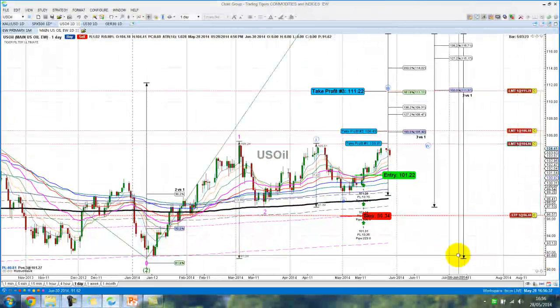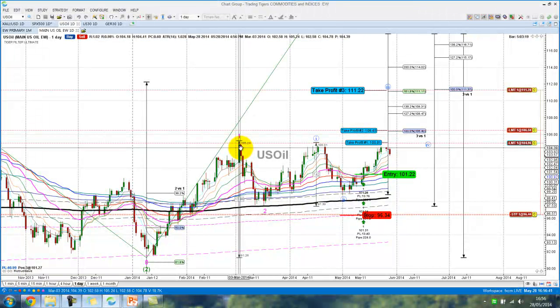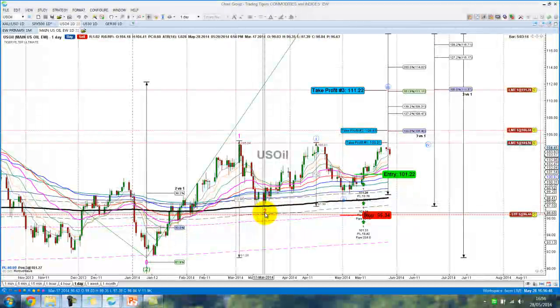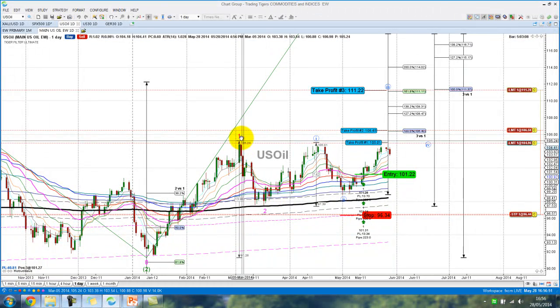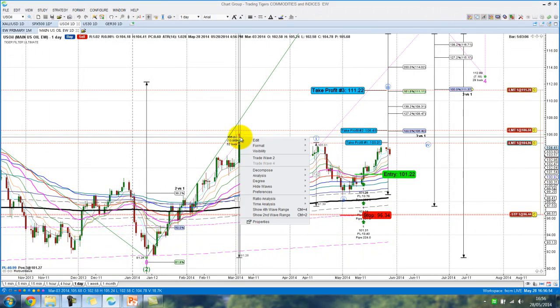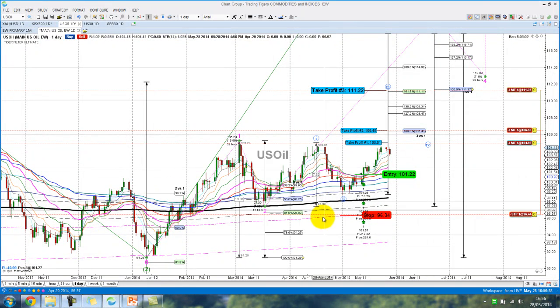So wave 1 is here, the high of 3rd of March 2014. Wave 2 has come down and hit our black line. We know it's a 61.8 level. Pretty sure it's going to be a 61.8 level. Let's just verify that again for you traders. Yes, 61.8 level. That's correct.